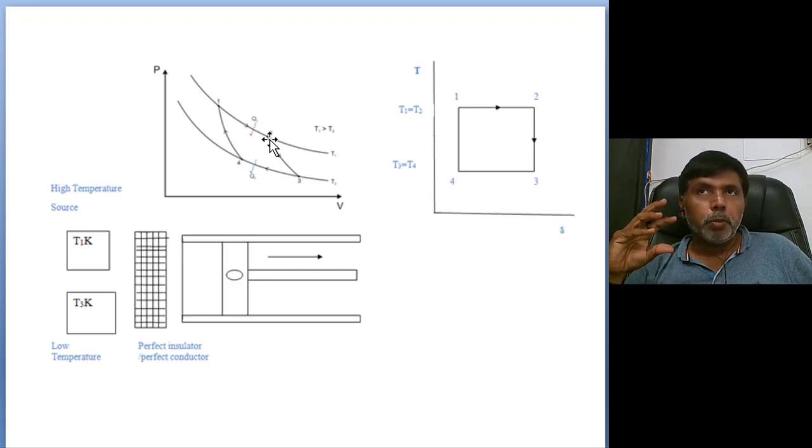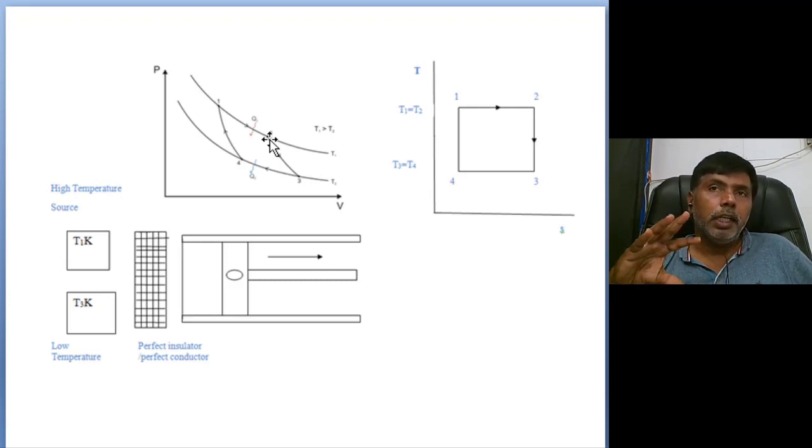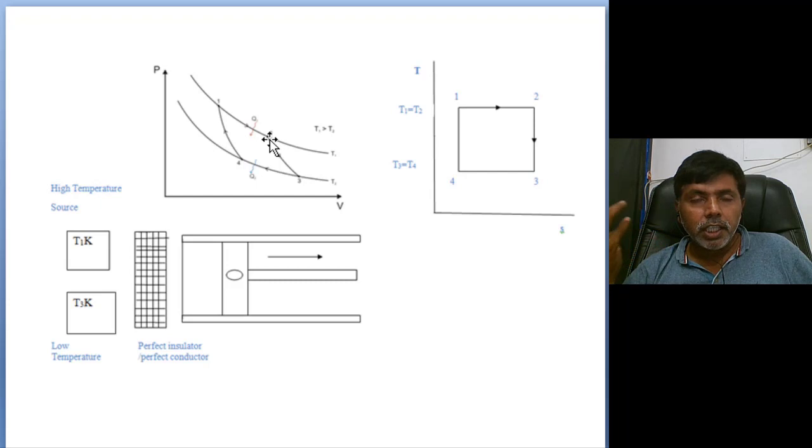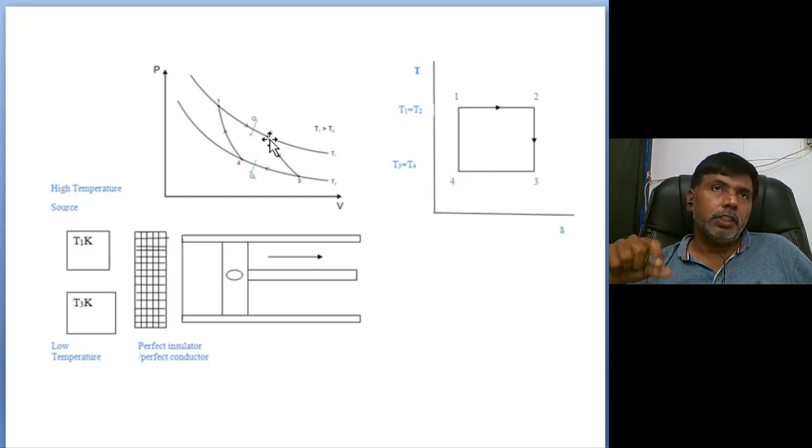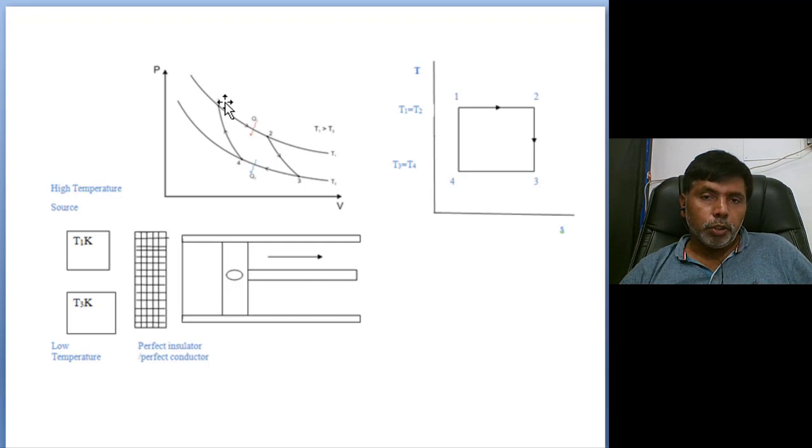So in the isothermal process, whatever heat we supply converts totally into work. That's why Carnot selected the isothermal process for heat addition. And in the adiabatic process, expansion takes place without heat loss. So both processes are work production processes only. That's why Carnot gives the maximum efficiency.